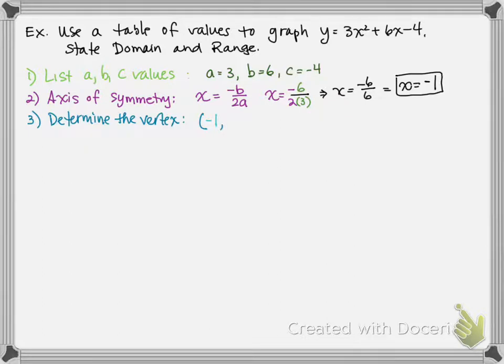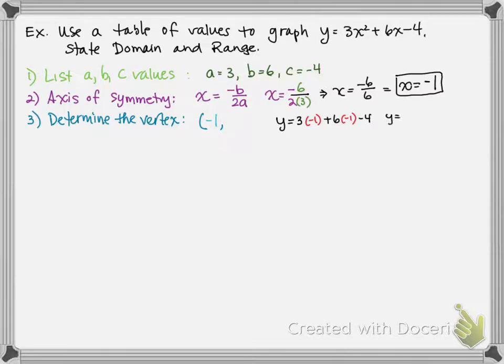And now I'm going to go over to the side here, and I'm going to be doing the math on the formula here. So I'm going to take y equals 3, and every time I see x, I'm going to put in a -1. And then plus 6 times x, and then -4.